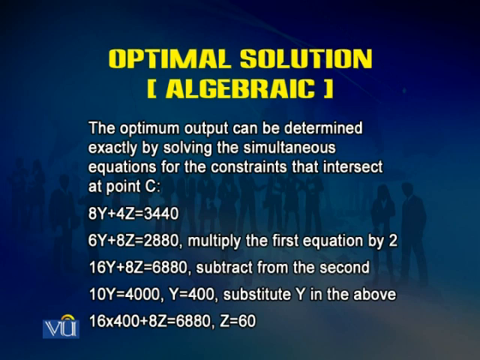The very accurate method of getting to a solution, of course, is to use algebra, simultaneous equations. The two equations that we had were of the two constraints, the material constraint and the labor constraint.